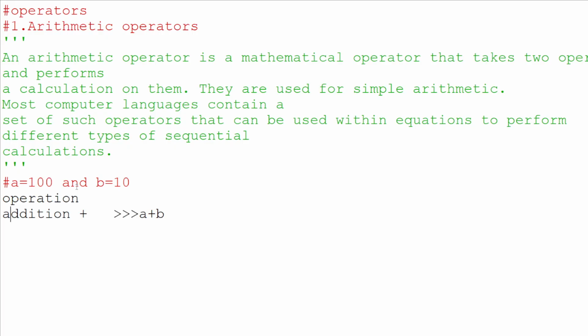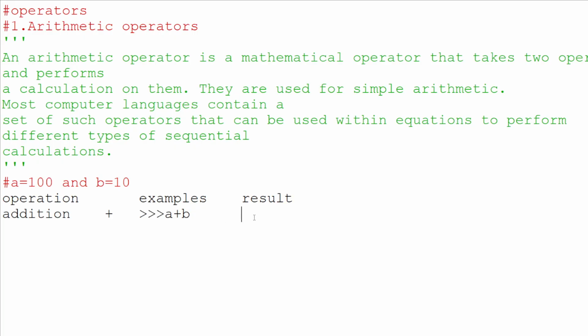I mentioned what the operation is here, and this is the symbol. After that, the result. This is the example, and this is the result. Now, what will be the result?